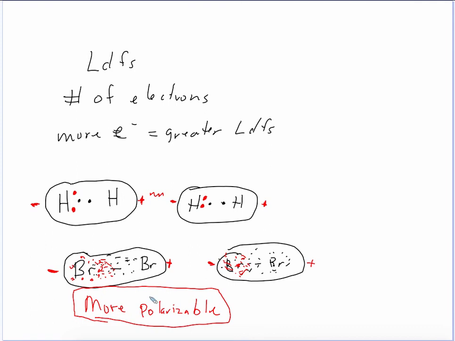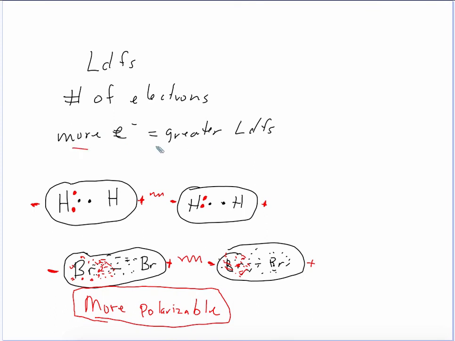These London dispersion forces can turn a thing that doesn't have a dipole into a dipole, kind of, by polarizing them, making them more positive and negative on one end or the other. And so there's a stronger attraction. That's why the attraction is stronger down here in Br2 than H2 up here.